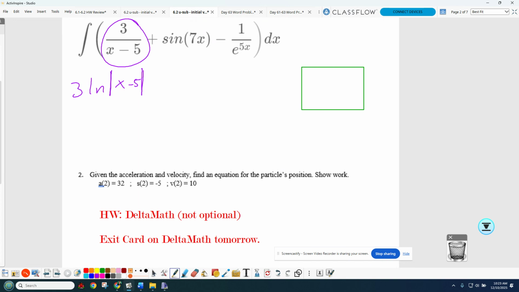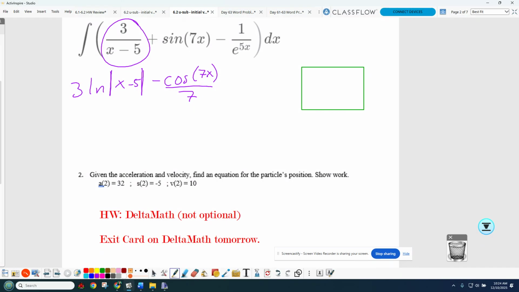And then chain rule, divide by the derivative of the stuff inside, which was a 1, so it doesn't matter. Okay, whose derivative is positive sine? Negative cosine. And it was of 7x, so when I did the derivative, I would have multiplied by the derivative of the stuff inside, but I'm integrating, so I divide by the derivative of the stuff inside.